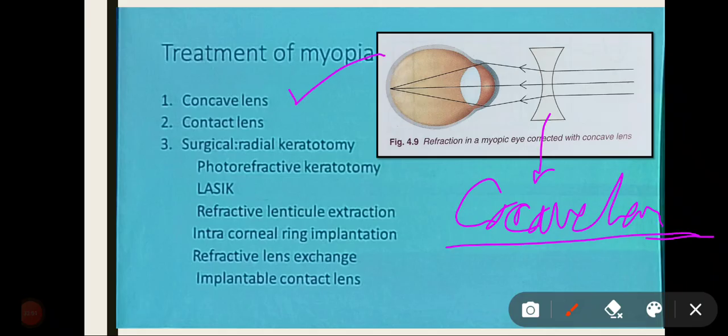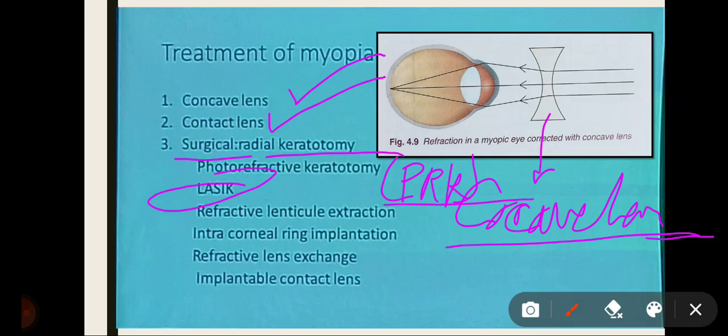We use concave lens, contact lens, and surgical options like radial keratotomy, photorefractive keratectomy, PRK, LASIK, refractive lenticule extraction, intracorneal ring implantation, refractive lens exchange and implantable contact lenses.